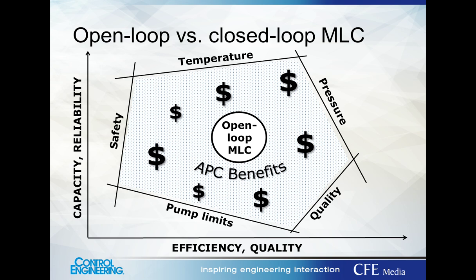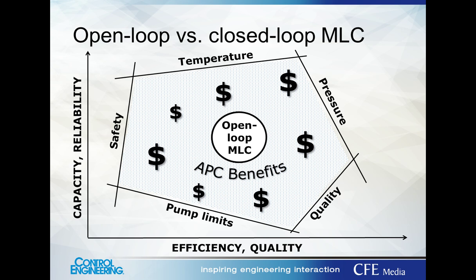So many of you will recognize this slide or something like it. This is a time-honored way to illustrate the difference between open loop and closed loop multivariable control, and is worth revisiting with these new definitions in mind.